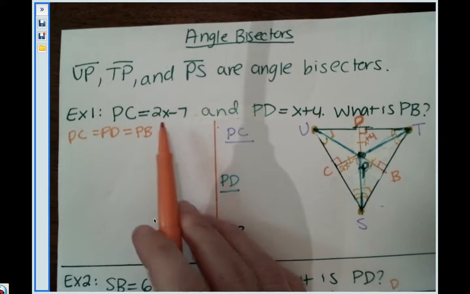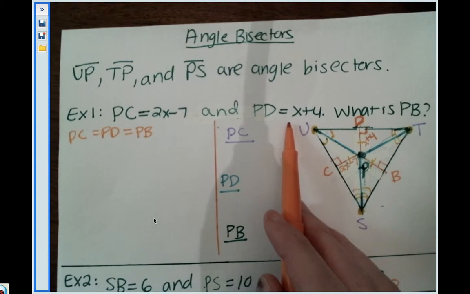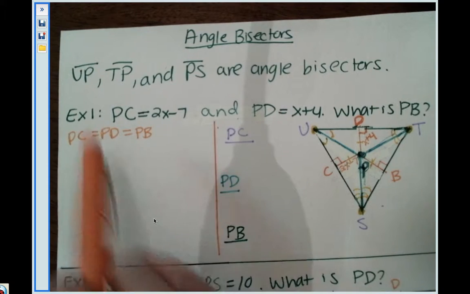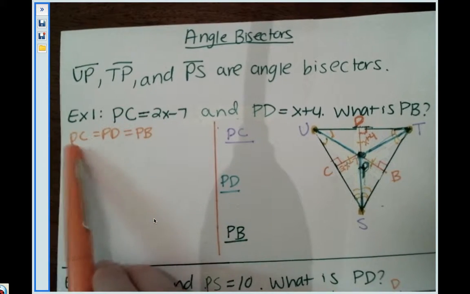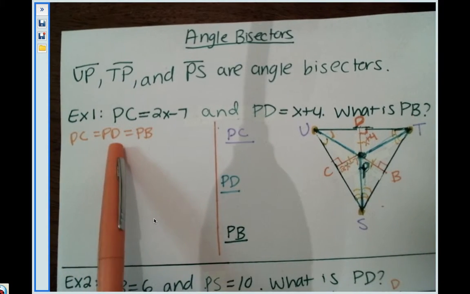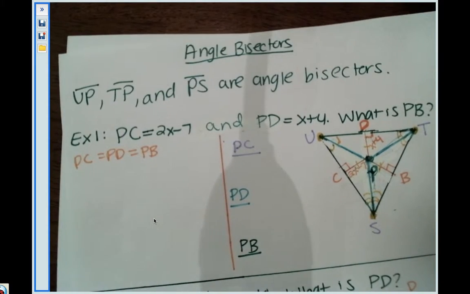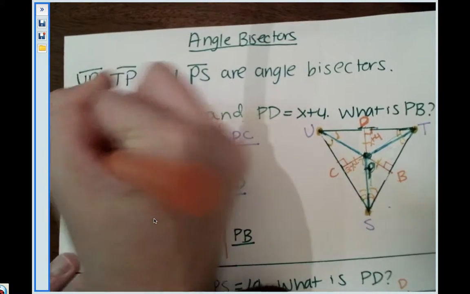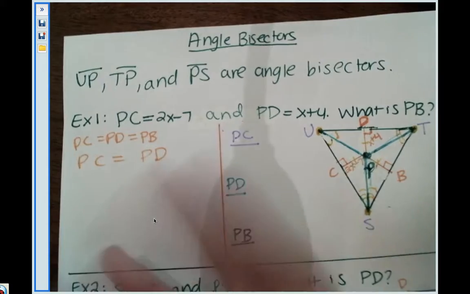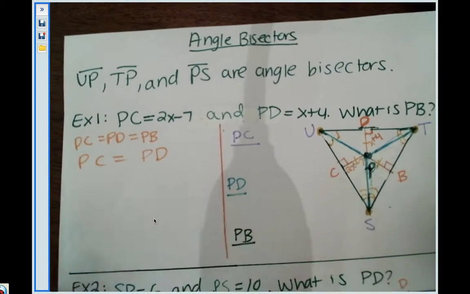Alright, so if I figure out what PC and PD are, guess what, you guys? I can figure out what PB is. Let's get started. I was given stuff about PC and PD, and look right here, I know that they're equal. So that's going to help me solve. I'm going to use the information that PC is equal to PD. Now I just need to fill in my pieces and solve for x.